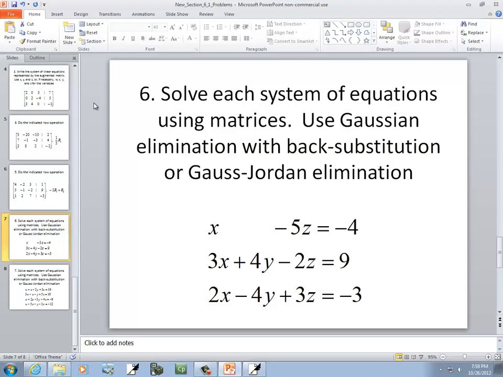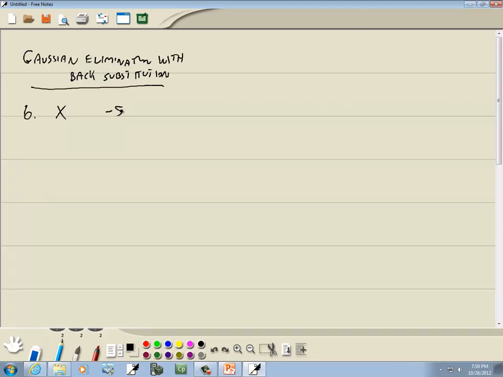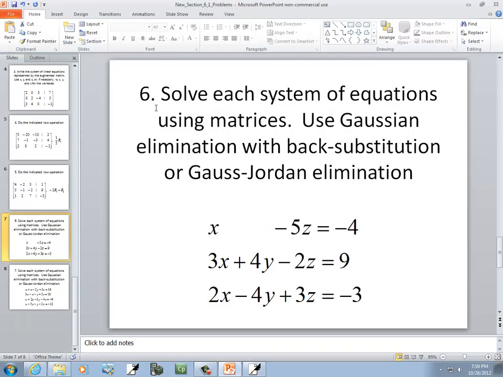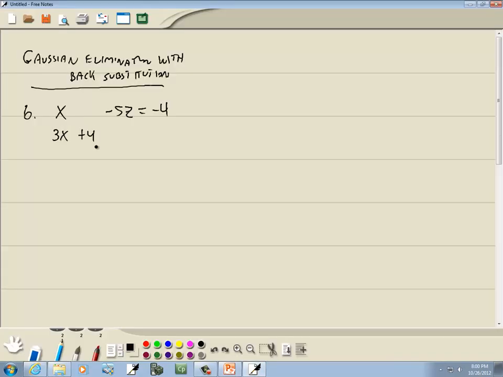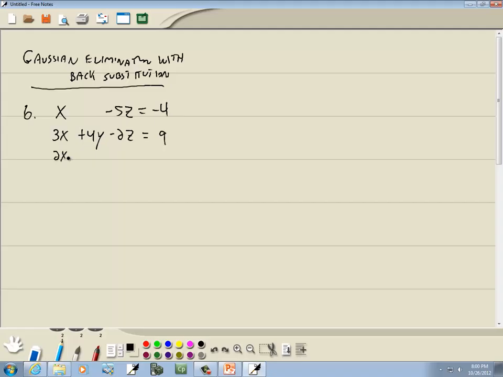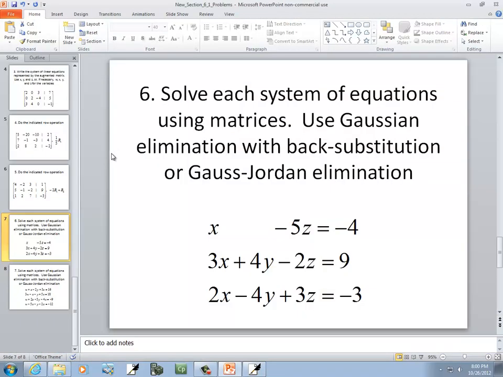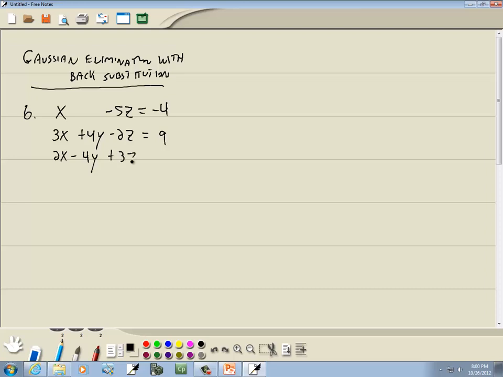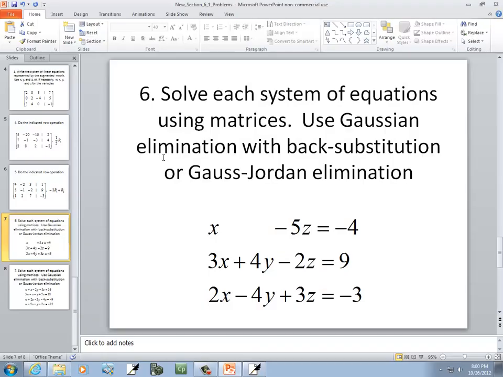So we got x minus 5z equals negative 4. 3x plus 4y minus 2z is equal to 9. 2x minus 4y plus 3z is equal to negative 3.